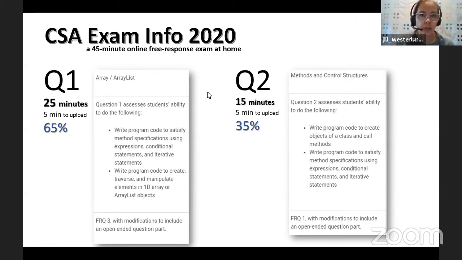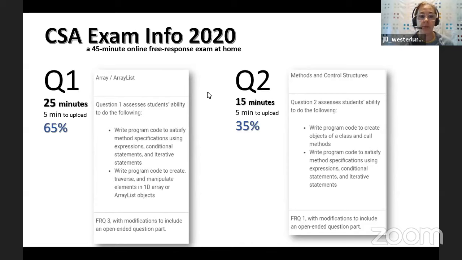You're going to have 2 AP questions, and we'll talk about the date in a minute, but it's going to be May the 15th, which was your exam date anyway. That was the same day we were already shooting for and working toward all year. So that flag in the sand has not changed. Question number 1 that you'll be presented with is going to be from Array or ArrayList, and it's the former, what we would have called and talked about all year as free response question 3.